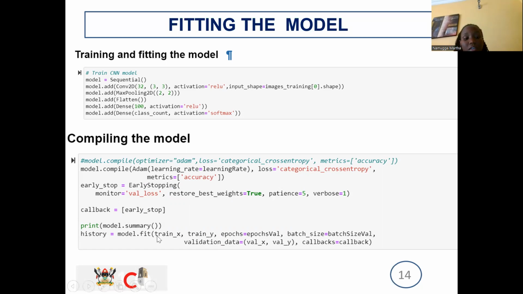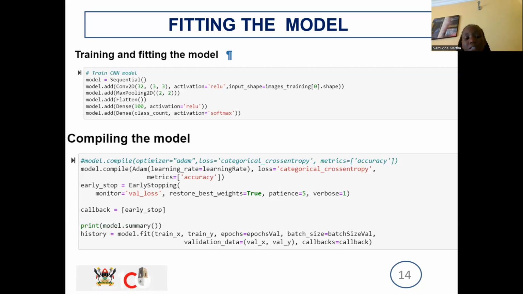I'd forgotten to mention that we have to change our images and put them in a NumPy array. That's one of the things that gave me a hard time because I did not know how to change it to a NumPy array. Once I found out, everything else was working.